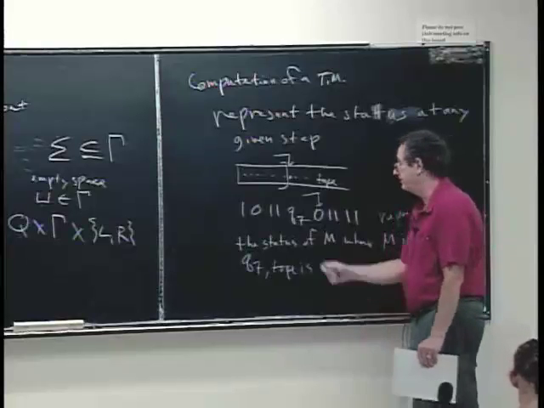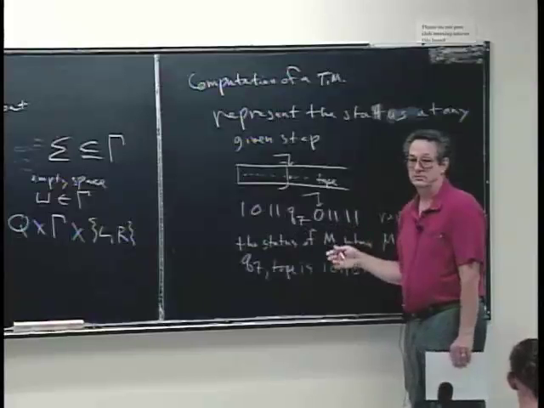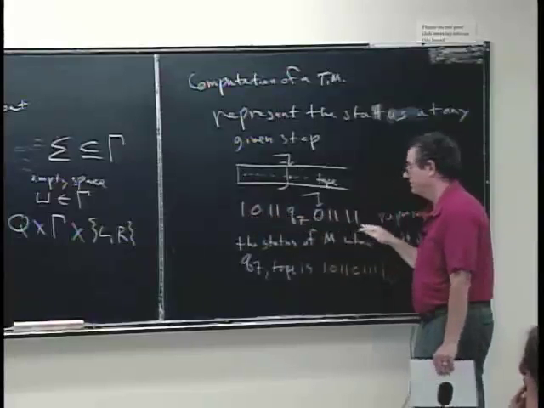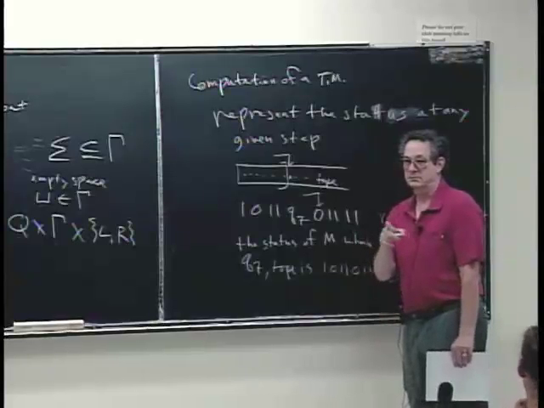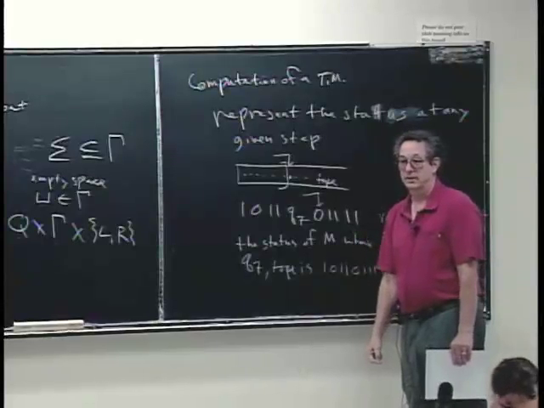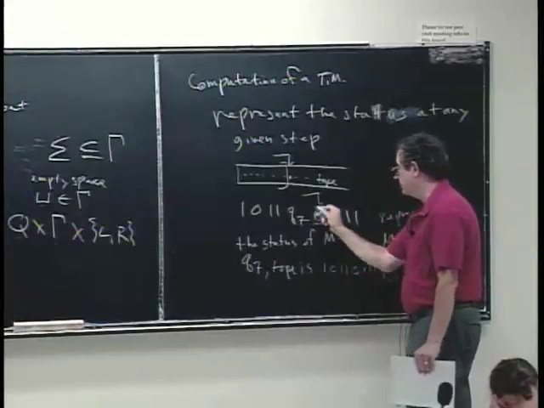I mean, how radically different will the next configuration be from this one? Can these symbols change and these symbols change? You say yes? I think one can change, right? Well, yeah, this is the only symbol that can change, okay?